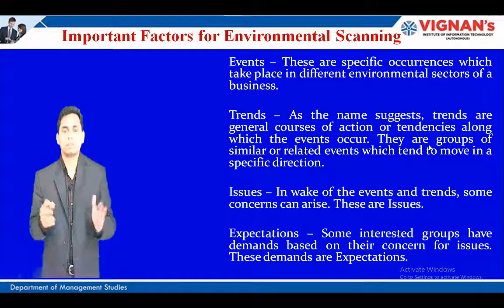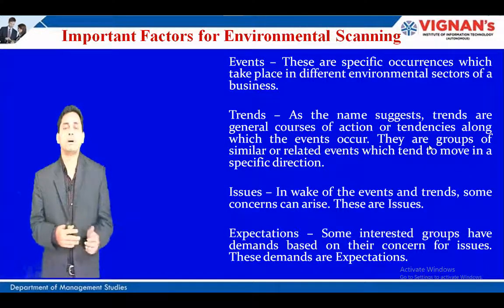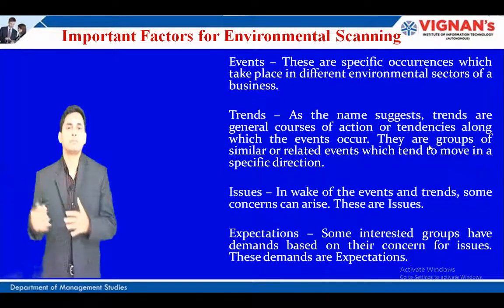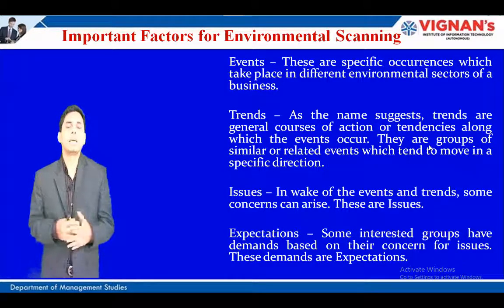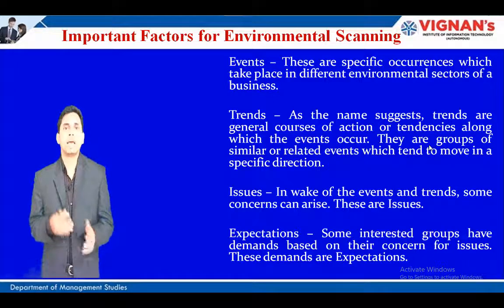Information related to trends is another important factor in environmental scanning. We need to observe how the trends are moving, whether they are favorable or unfavorable to the business. So, these trends must be tracked and the information studied as a part of environmental scanning.